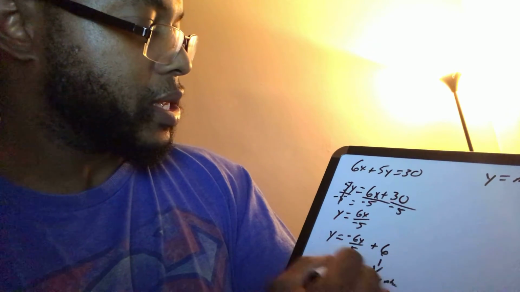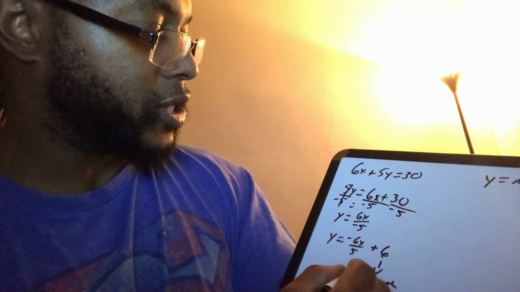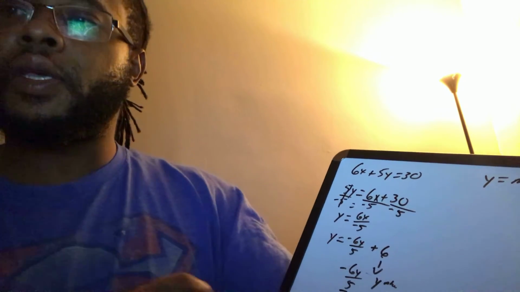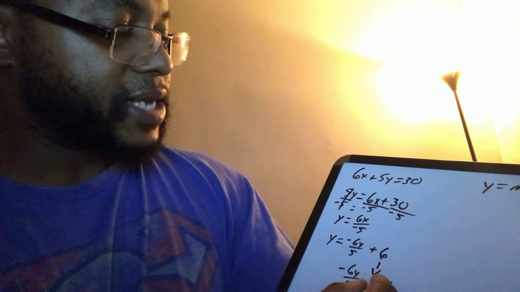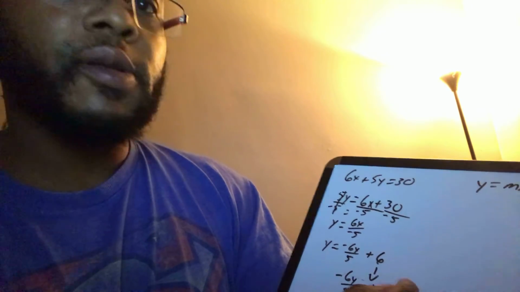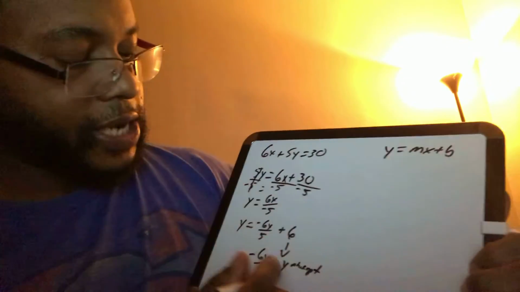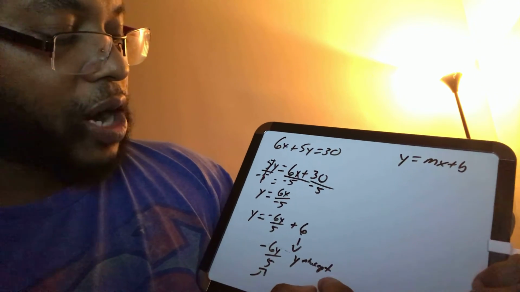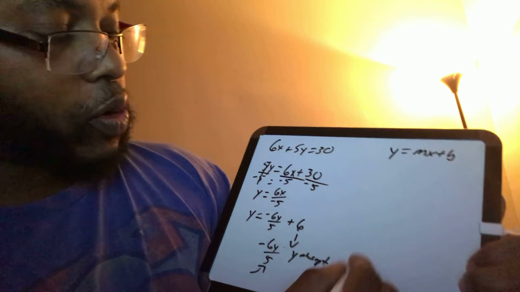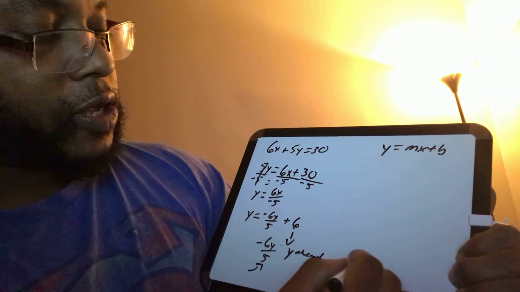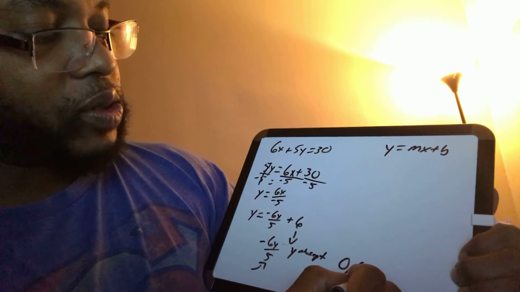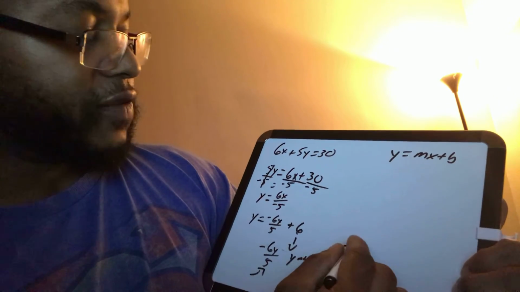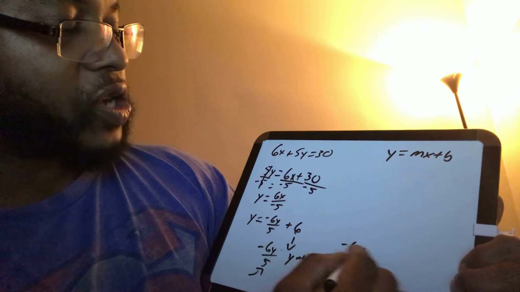So this is your slope, and this is your y-intercept here. Hope y'all can see that. So our 2 points at this point are going to be 0 and 6, with 6 being y, and negative 6x over 5.